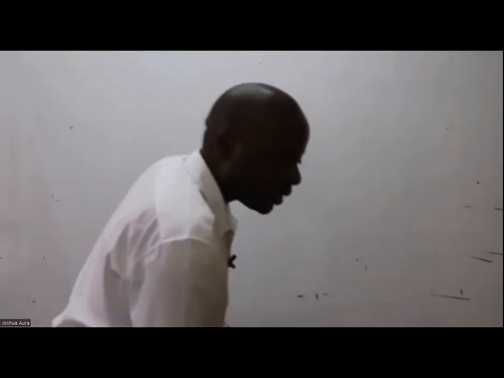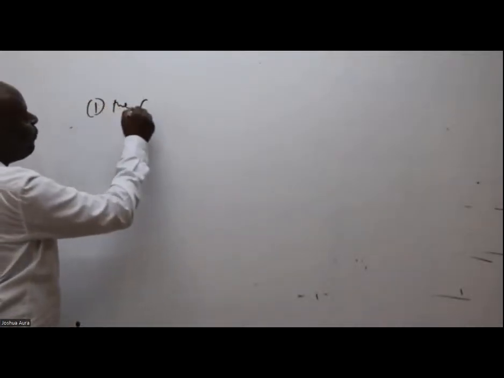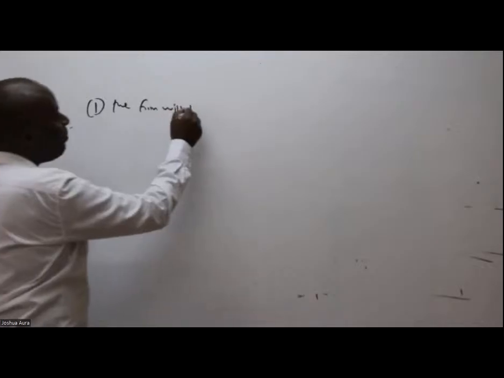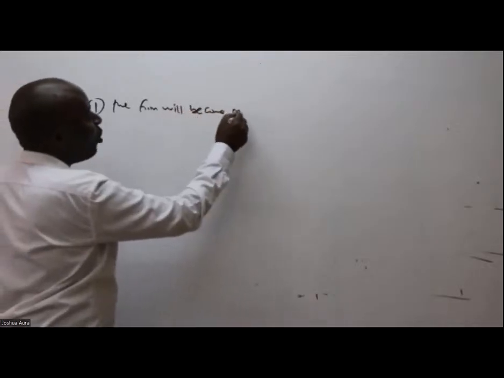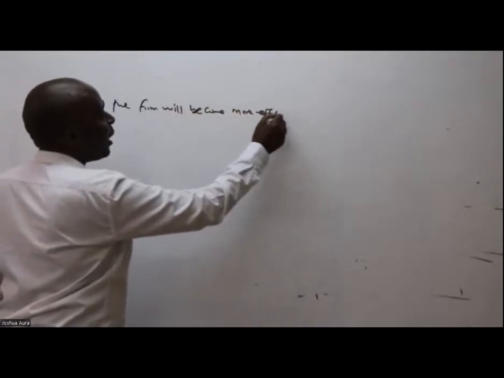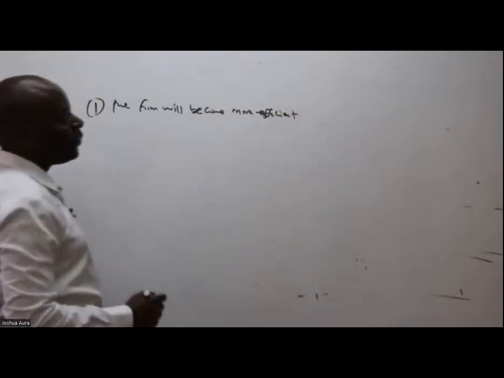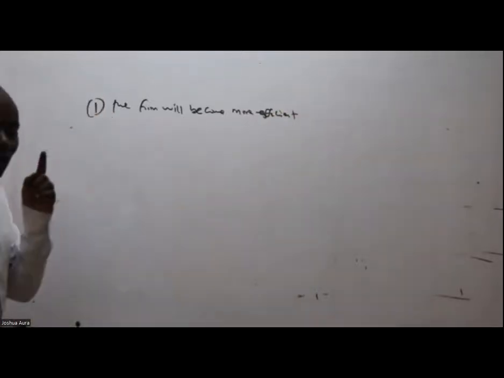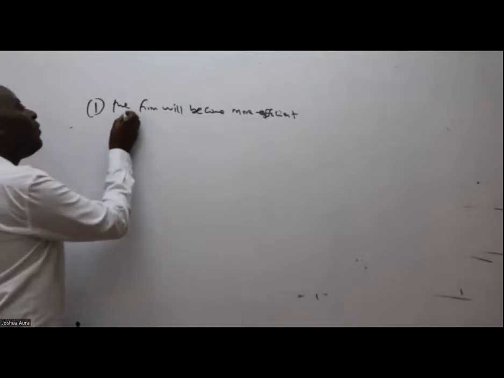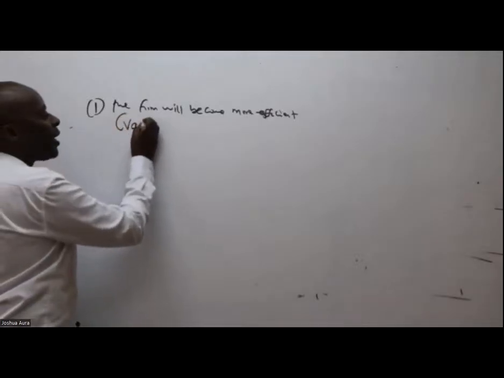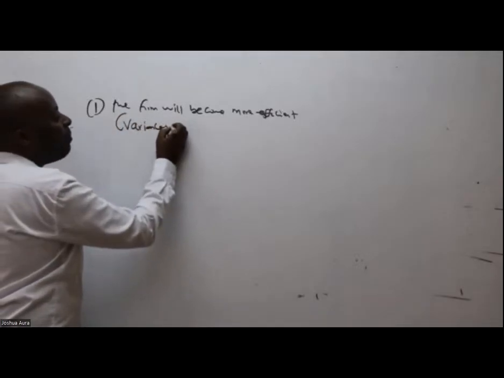We are saying, ladies and gentlemen, that the first consequence is that the farm will become more efficient. Our farm will become more efficient because of what here? Because of the variances being computed. The variance, especially labor.